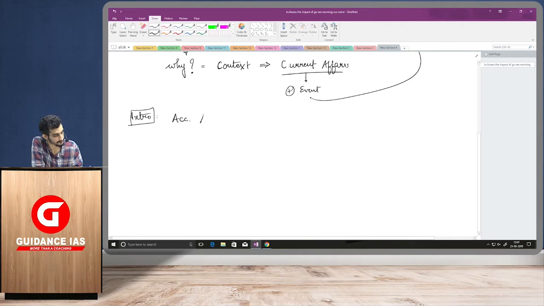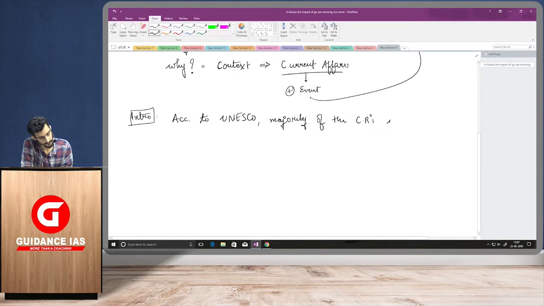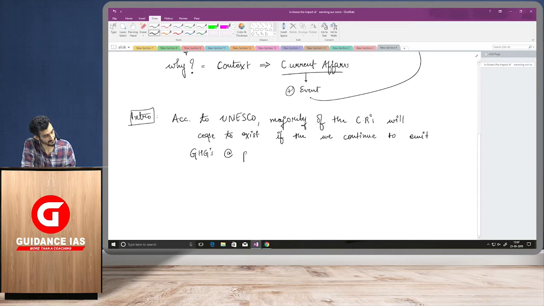Like according to UNESCO, the majority of the coral reefs will cease to exist if we continue to emit greenhouse gases at the present rate by the end of this century.